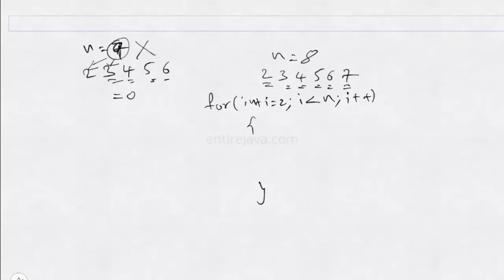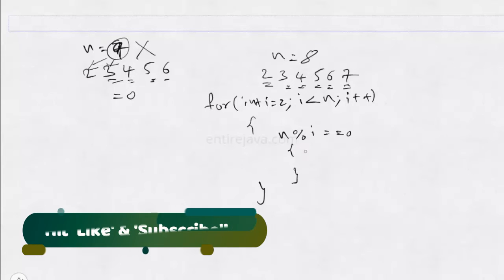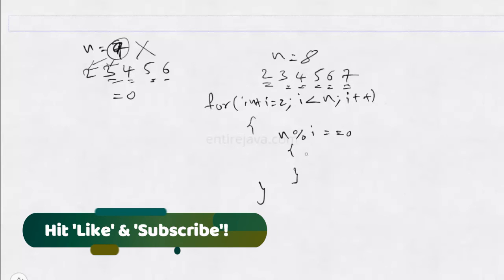And in each iteration, we're going to check to see if n percent i results in 0. And we have a block of statements to be executed here. If we enter inside this block at least once, that means the number n is not a prime number. Well, if we didn't, then that means n is a prime number.